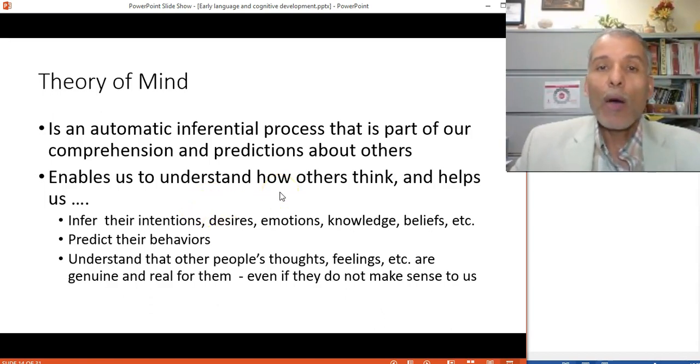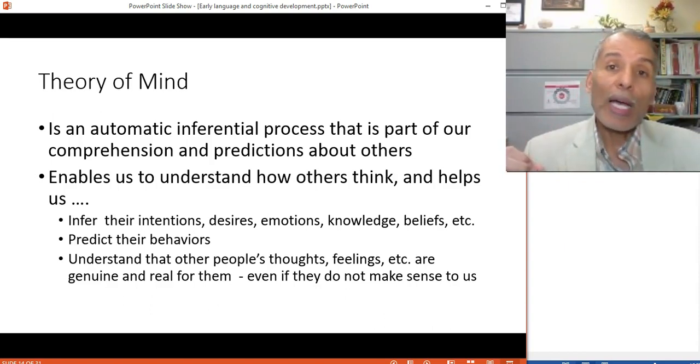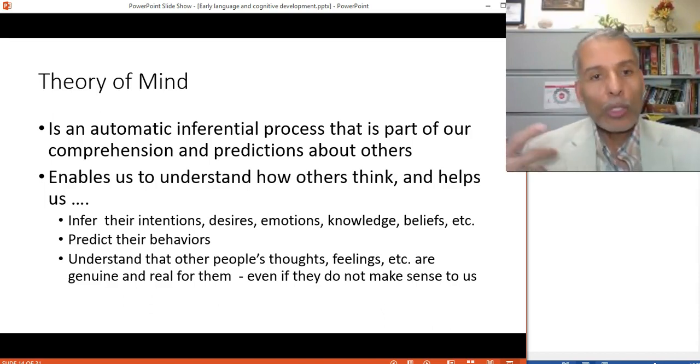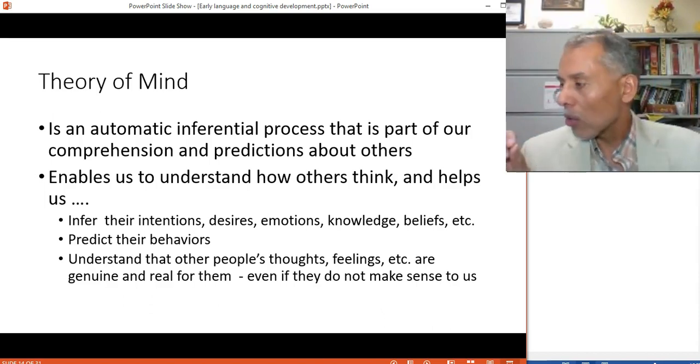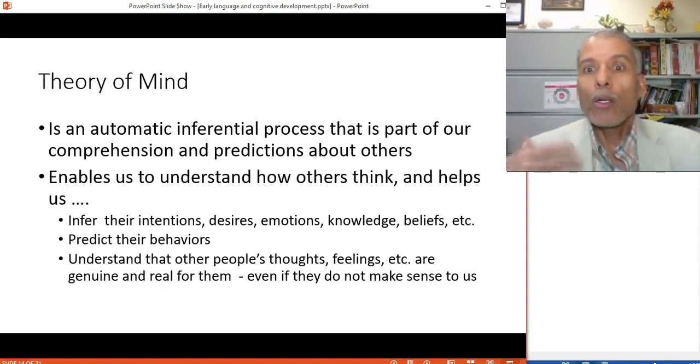So having a well-developed theory of mind enables us, number one, to infer people's intentions, and also their emotions, desires, and knowledge. We will be able to understand that. We'll be able to predict their behavior as well, especially in relationship to what we say. That person who is afraid of spiders, if I get a plastic piece of something that looks like a spider and throw it somewhere, I can predict the action.